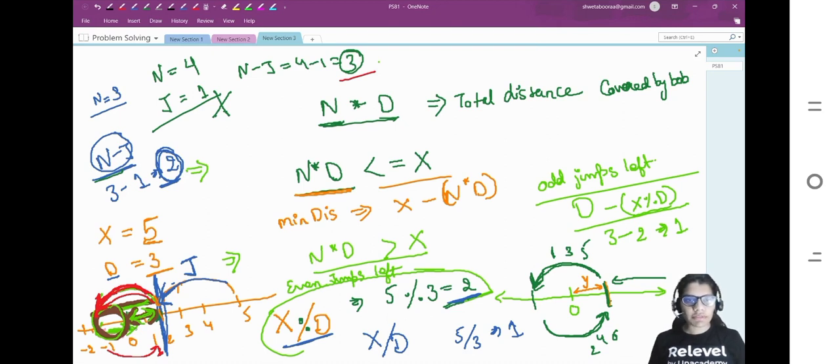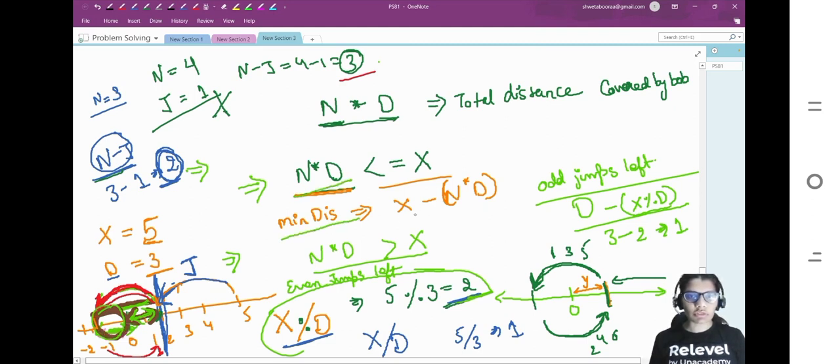Now, as we have seen all the possible test cases, what are the possible test cases? Firstly, you were not able to reach till 0 in the given number of steps. So here your minimum distance was equal to x minus n into d. Another case was that you are able to reach near to 0, but you are crossing 0.